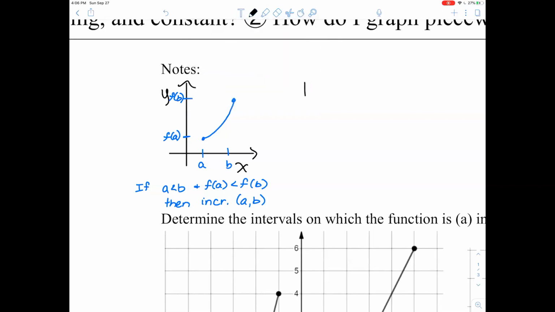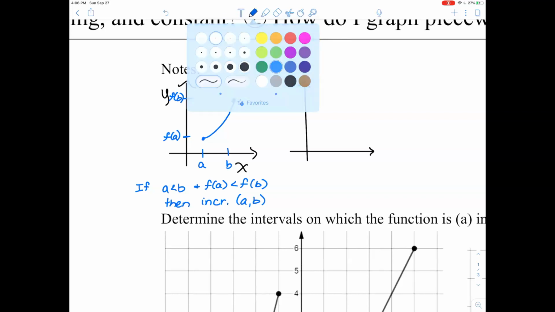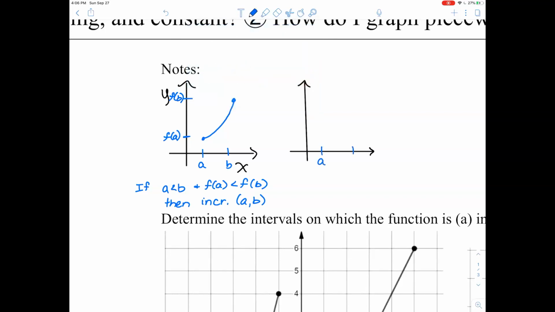Let's do decreasing. So we'll do another picture here, and hopefully this will be a little bit intuitive. All right, so if I put A here and B is here, we can then say again, A is less than B. Now, if a graph is decreasing, the output for the function value at A is going to be greater than the function's value at point B. And the graph might do something like that.